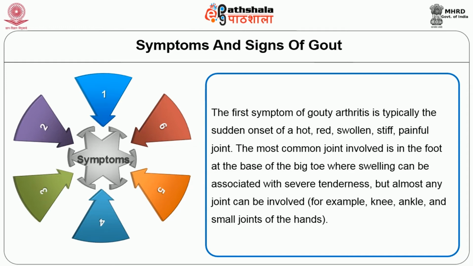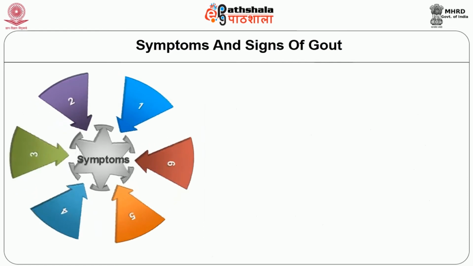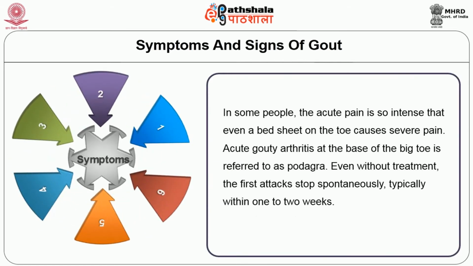In some people, the acute pain is so intense that even a bed sheet on the toe can cause severe pain. Acute gouty arthritis at the base of a big toe is referred to as podagra. Even without treatment, the first attack stops spontaneously, typically within 1 or 2 weeks.